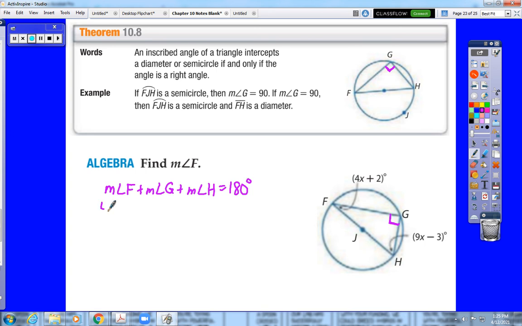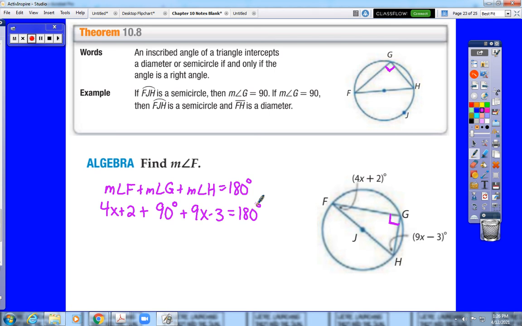Angle F is given to us as 4x plus 2 degrees. Angle G we've established is a 90-degree angle. And angle H is 9x minus 3. If we add those three values together, they have to add up to 180. That's a relatively simple algebraic example for us to solve.